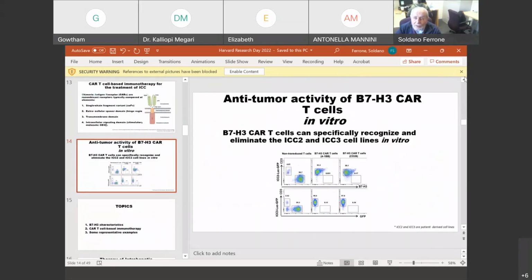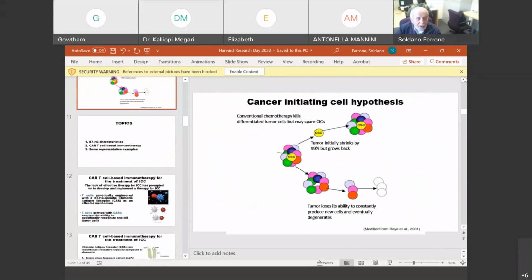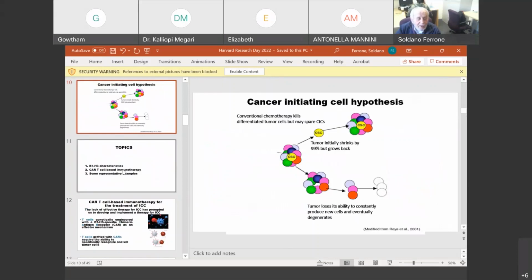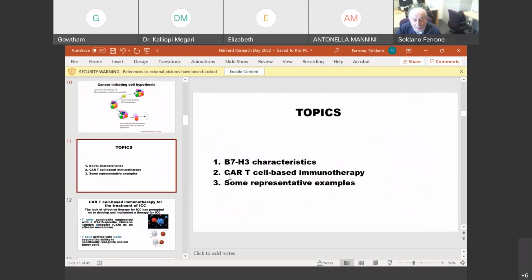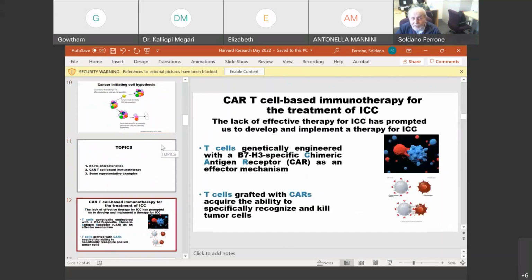Now, I'd like to move to the second topic, which is what are CAR T cells, how do they work, and why are they an attractive effector mechanism. So CAR T cells are T cells which are genetically modified with a tumor antigen specific chimeric antigen receptor.